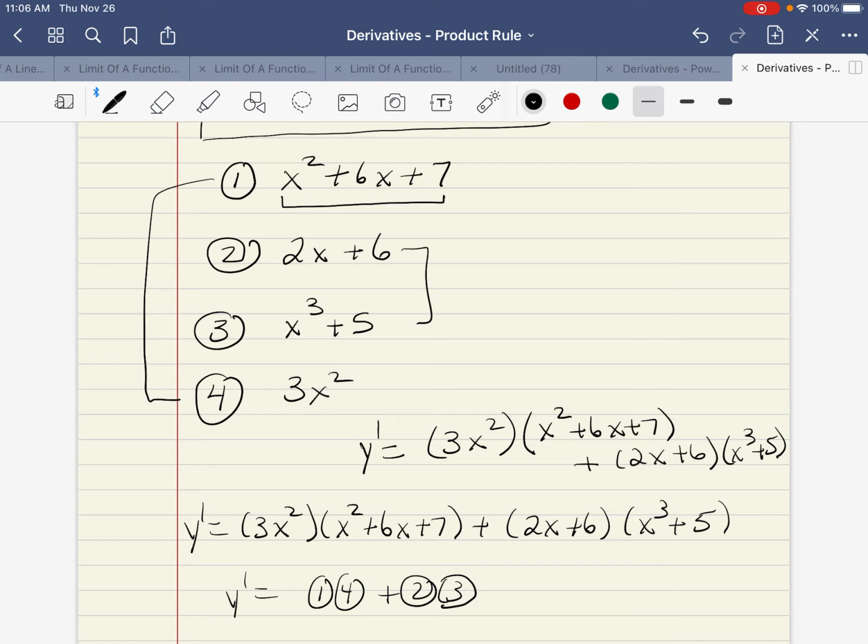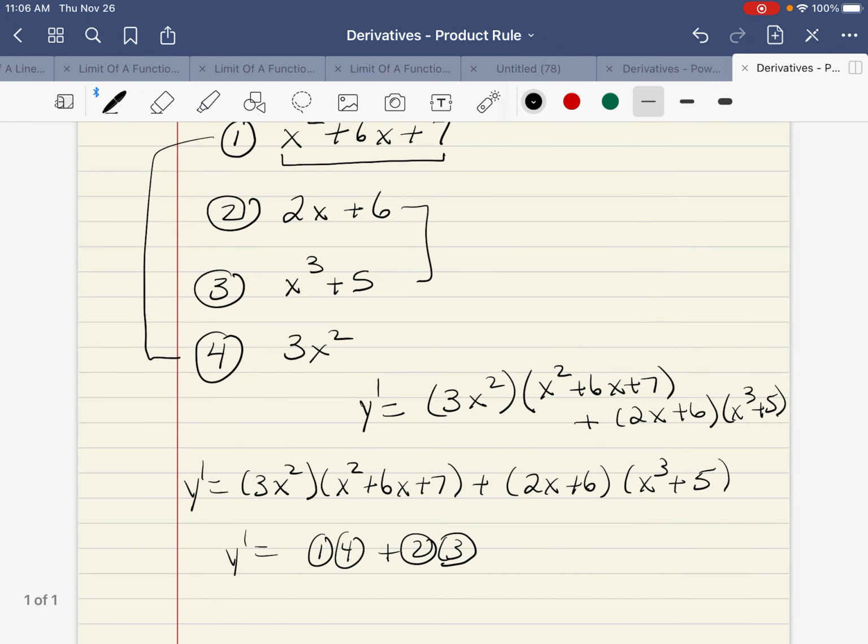Now again, it'd be up to your class learning goals, or your teacher, on how far they want you to simplify that. But this right here should be ready to take the derivative right away.